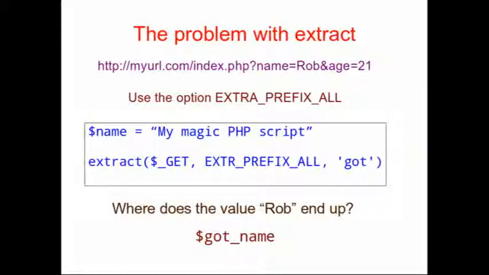So the got part comes from the third parameter that you passed to extract, and the name part comes from the URL that was passed into the PHP script. You can see, using this, you can protect all of your variables from being overwritten, and only variables that begin with the word got_ are ones that come from the browser.